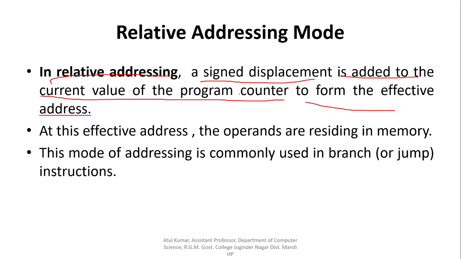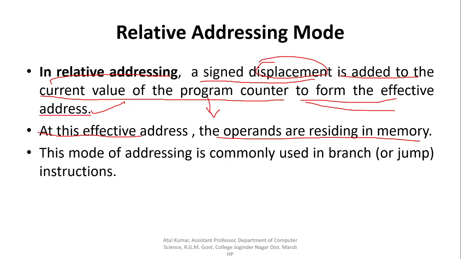So in case of relative addressing, the content of the program counter is added to some displacement, and this addition represents the effective address, the address where the operand is actually stored. At this effective address, the operands are residing in the memory.